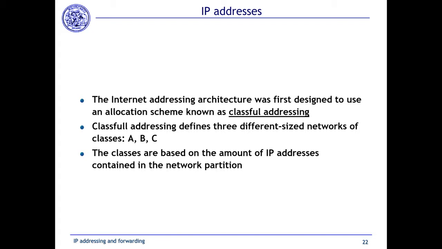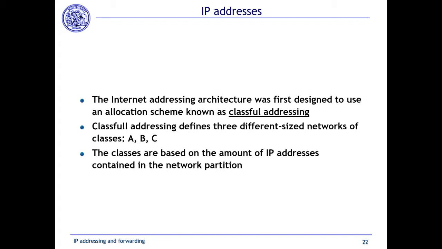So at the beginning of IP, the addressing scheme was based on the so-called classful addressing system. I told you that when you are assigning a network address, the length of the network prefix is variable. Okay, so there is a variability of the number of bits in the IP address that are used to identify the network and the number of bits that are used to identify the host.